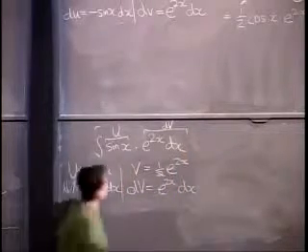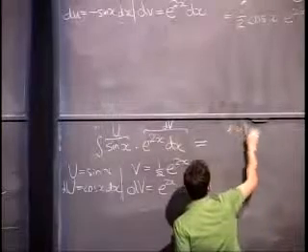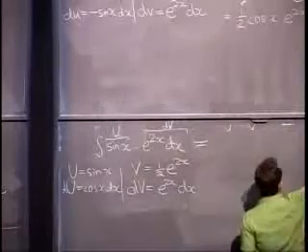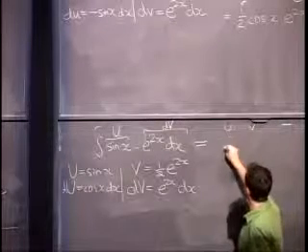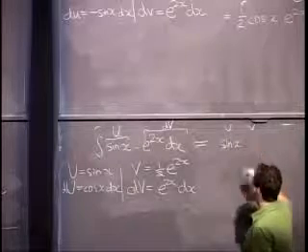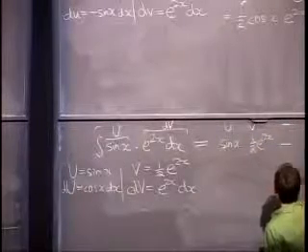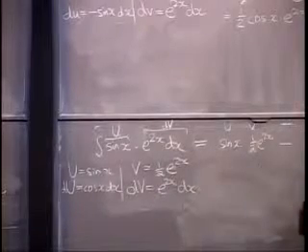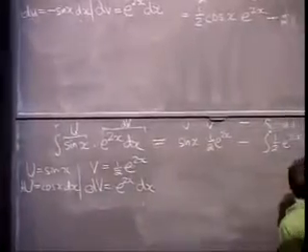All right, this is almost the same as what we did before. We've just got some minus things in different positions. Let's see what we get. Same formula for integration by parts. U is sine x, V is 1/2 e to the 2x, minus the integral of V, 1/2 e to the 2x, dU, cosine x dx.